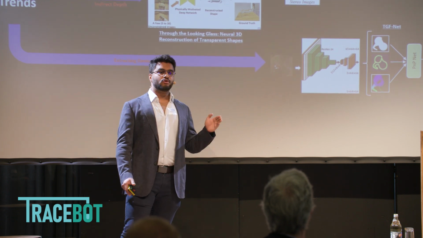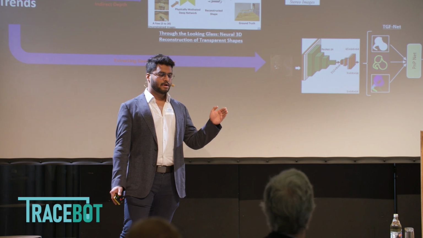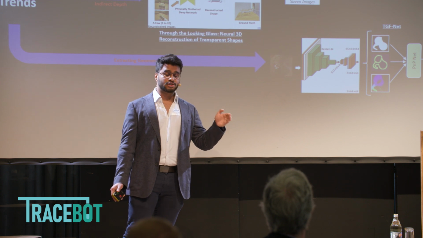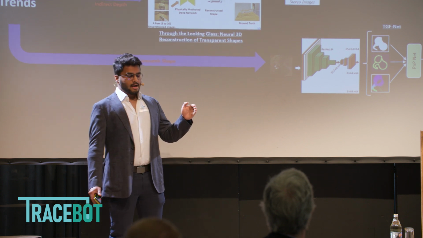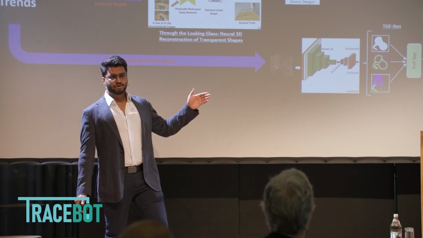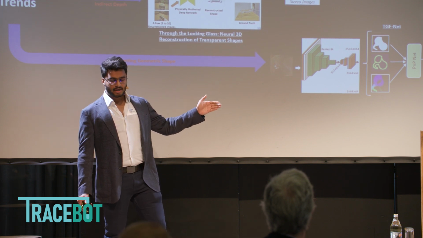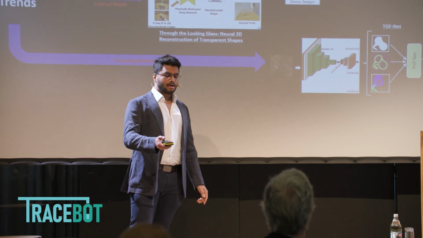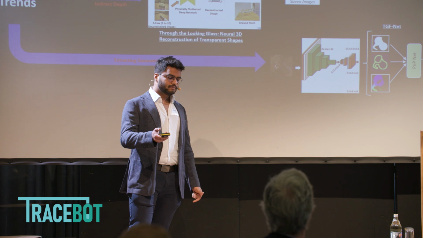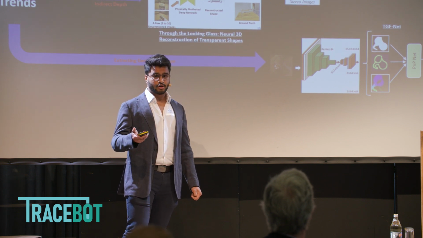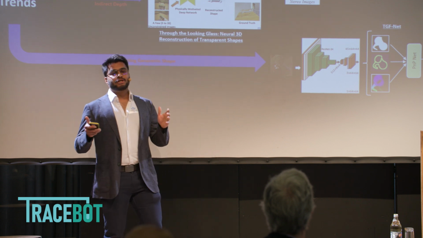TGFnet is one of the most recent methods in the 6D pose estimation of transparent objects. It was just published 1 month ago, and what it does is take the input image of a transparent object and extract the geometric features, as you can see here, for example, the contour or the boundary of the transparent object, and it tries to estimate the pose from it.